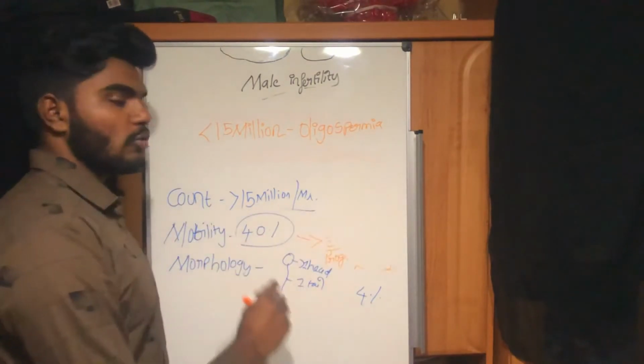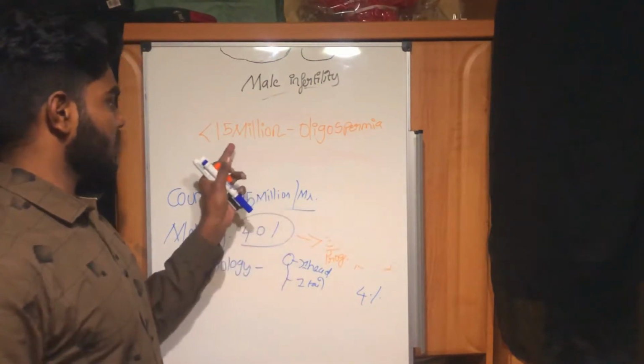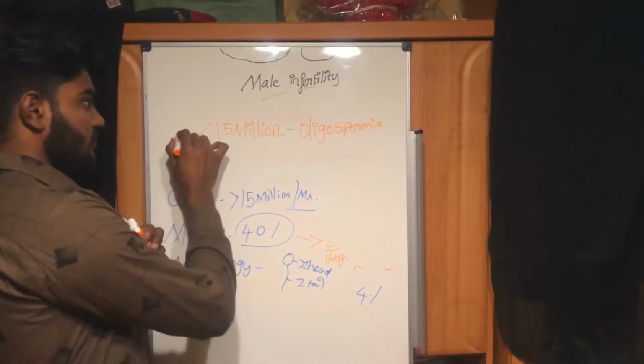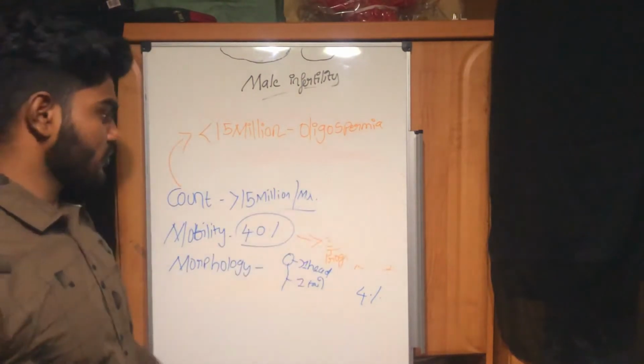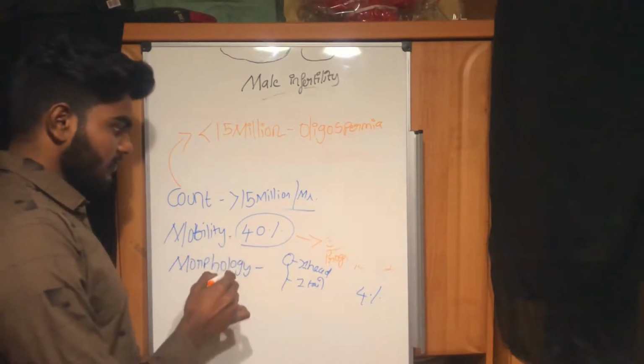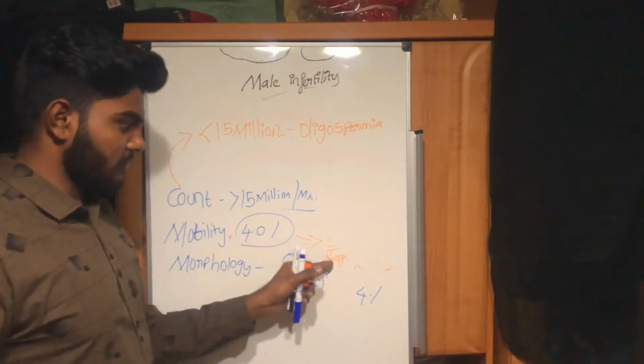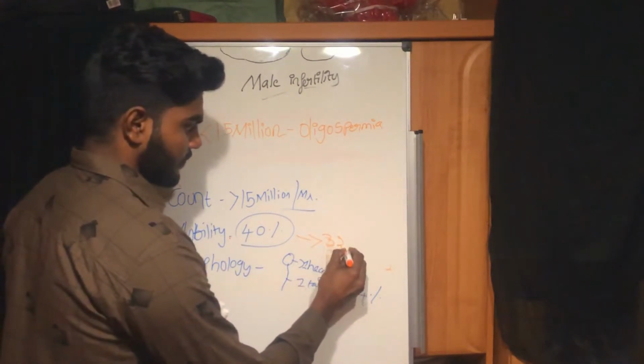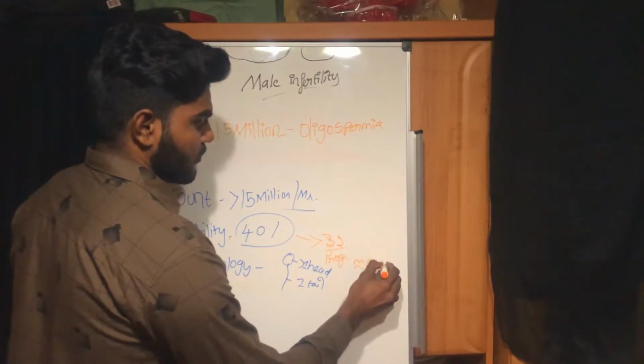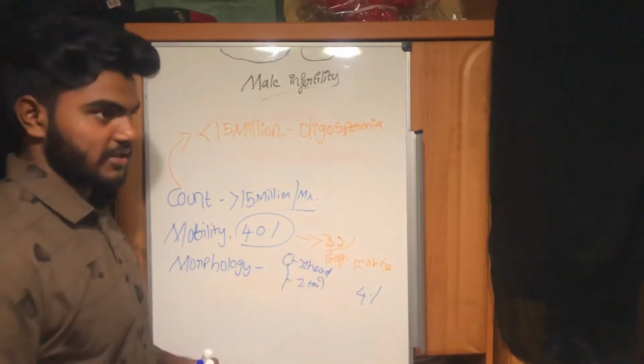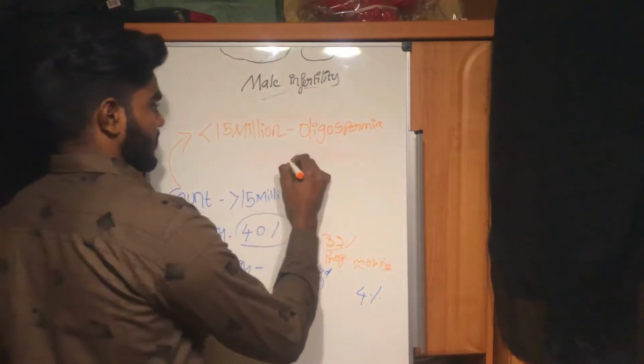Normally the count should be more than 15 million per milliliter. If the motility is less than 40% or the progressive motility is less than 32%, that is asthenospermia.